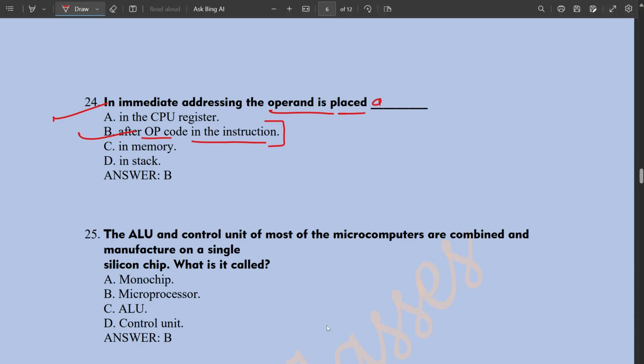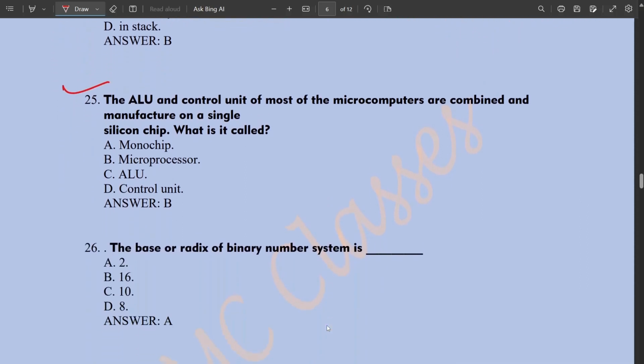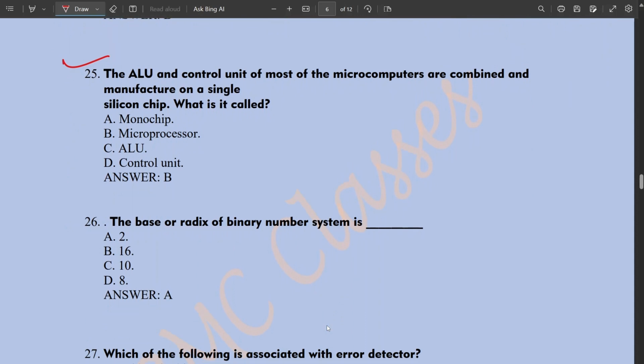Next, the ALU and control unit of most microcomputers are combined and manufactured on a single silicon chip. What is it called? A single silicon chip is called a microprocessor. This is a chip.